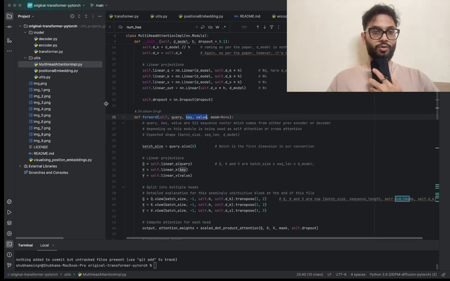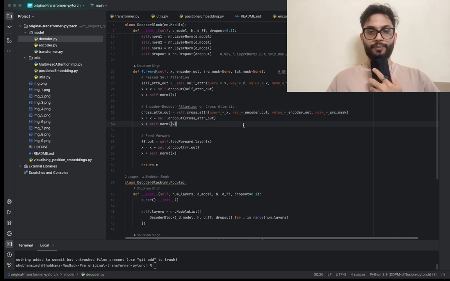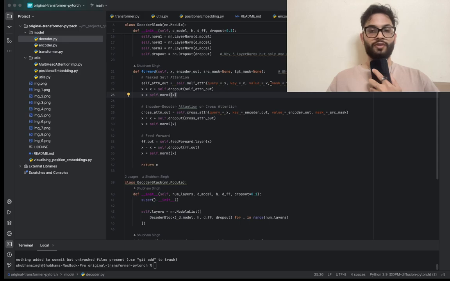I can show it to you also. Let me go to the decoder. This is the decoder code. In the decoder, if we look at the self attention layer, we are calling it queries x, keys x, values x, the previous decoder's output, as I said. And in the cross attention layer, query is from the previous decoder, key and value is basically the encoder output.